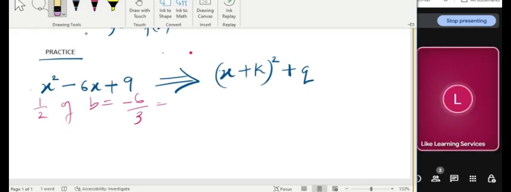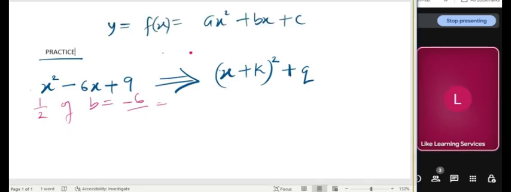I mean half of b, that's divided by 2. Minus 6 over 2, which is minus 3. So a is 1, b is minus 6, and c is 9. Comparing with this.